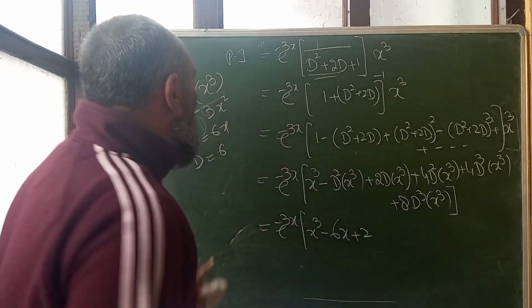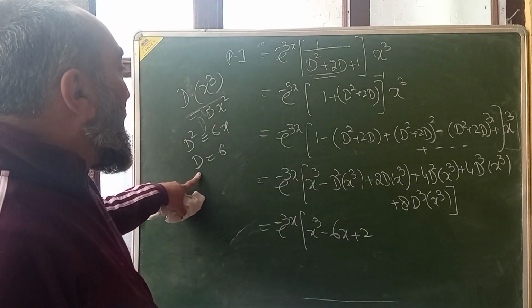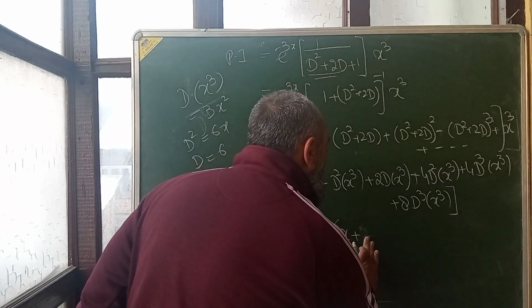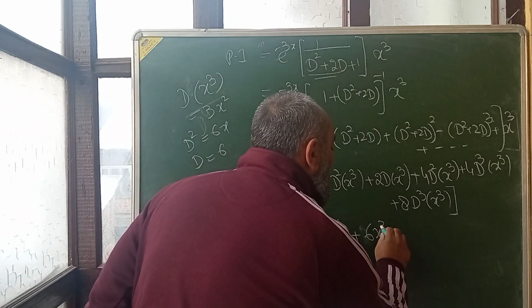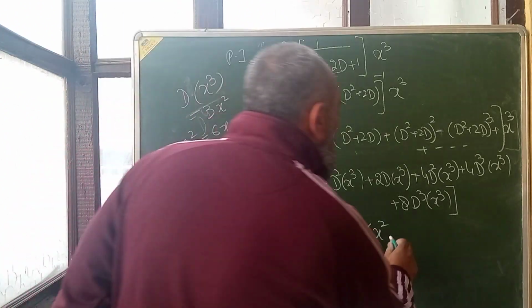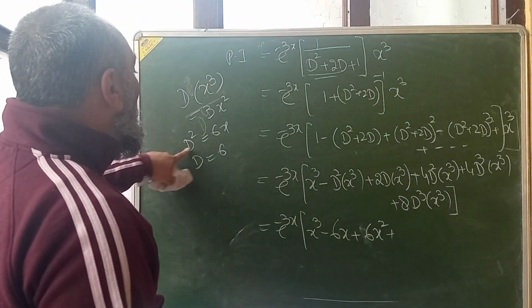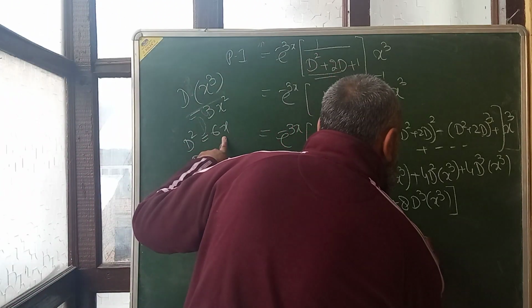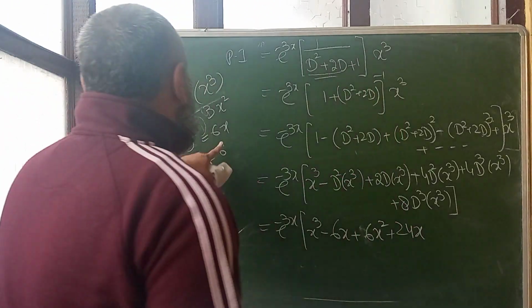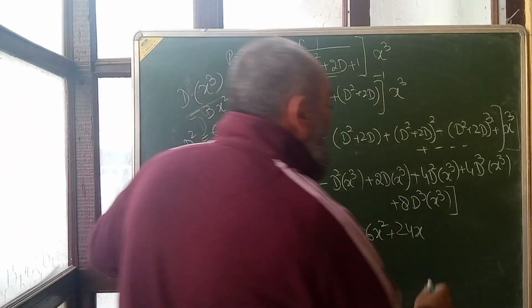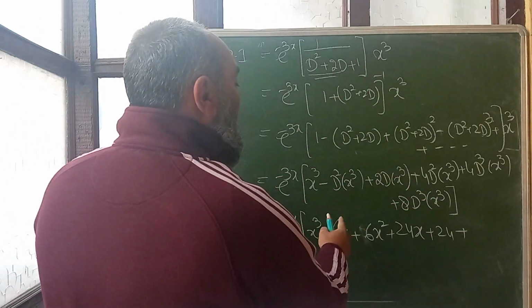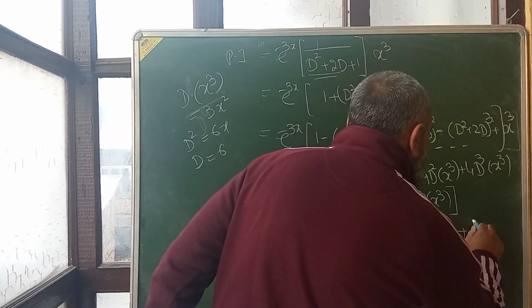Then twice d of x cube, it is 3x square, so it is 6x square. Then 4 d square of x cube, d square is 6x, 6 into 4, 24x. Then d cube, it is 6, 4 into 6, 24. Plus d cube, it is 6, 8 into 6, 48.